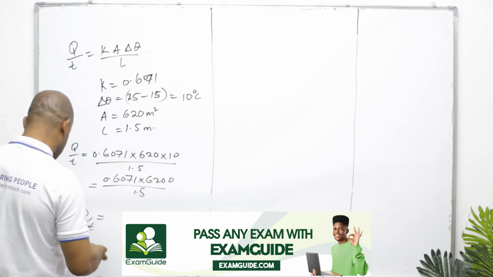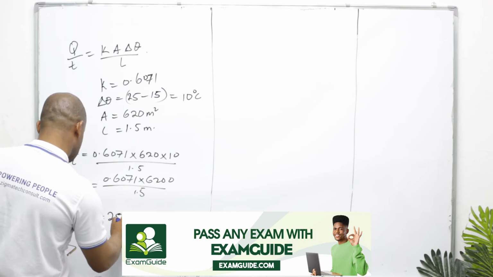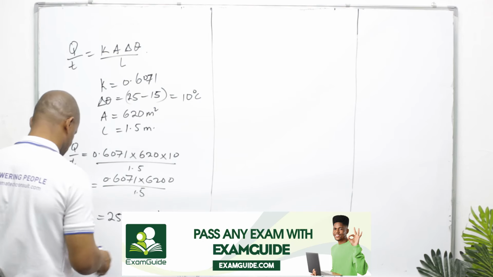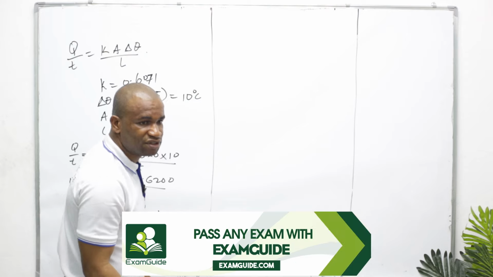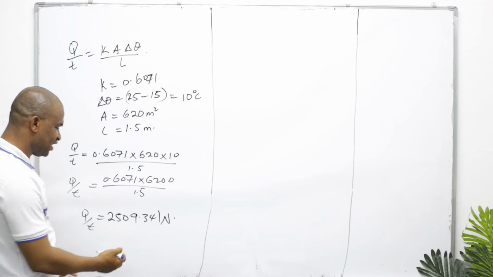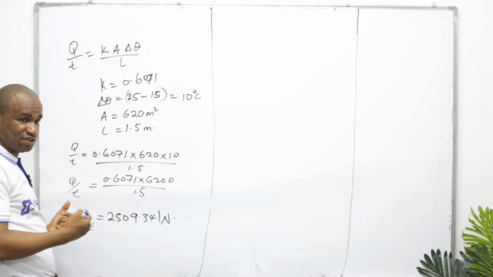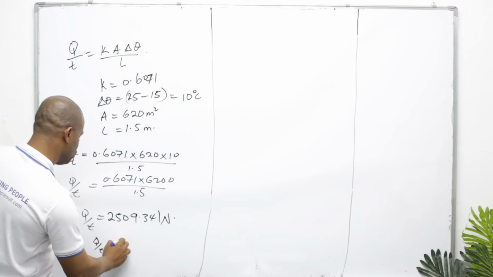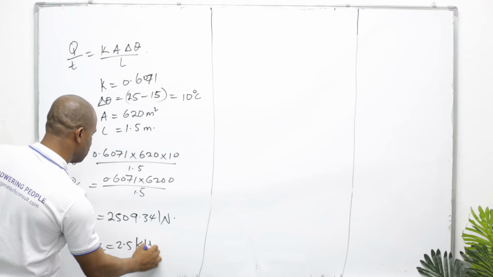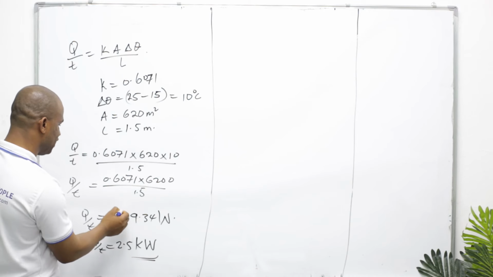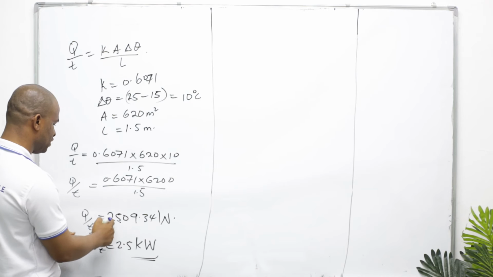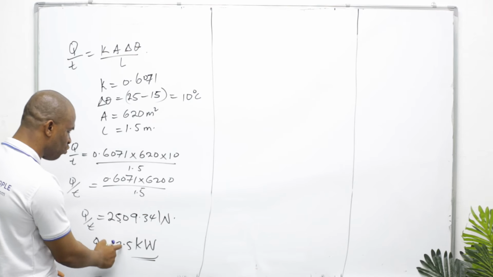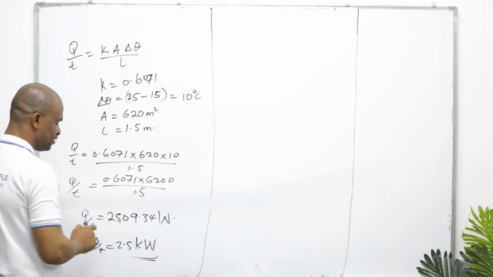Everything I'm having here is 2509.34 in watts, right? But we are seeing K there. K means you are removing 1,000. So in this case, Q over T is equal to 2.5 K watts. Because I'm dividing this by 1,000, I have this to 1 decimal place of a K.